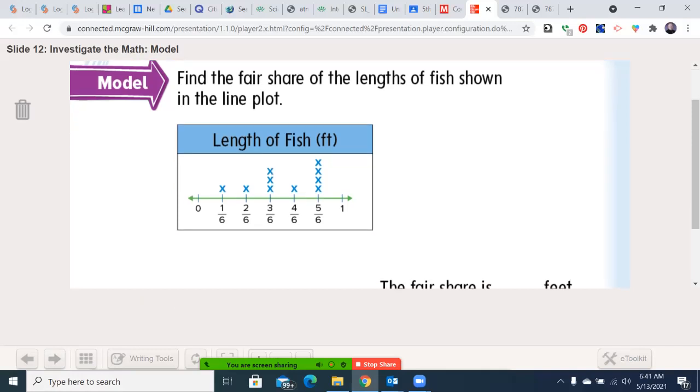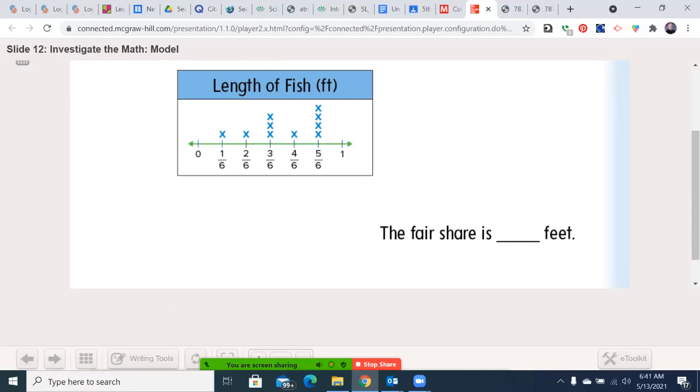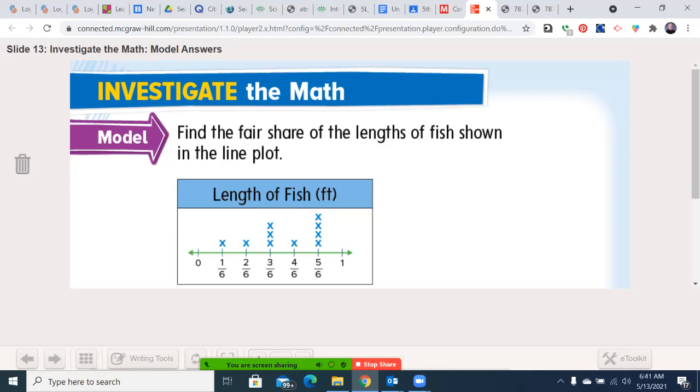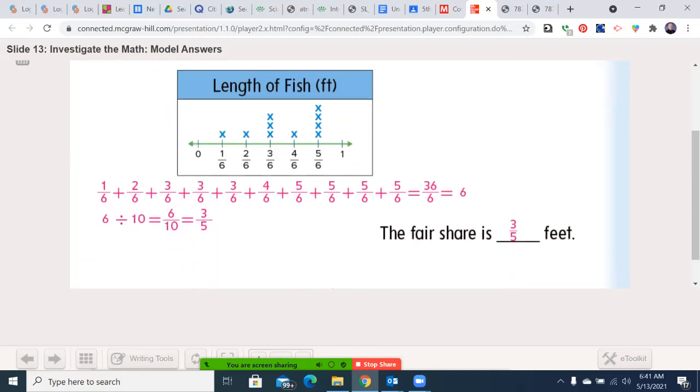Find the fair share of the lengths of fish shown. So we got 3, 6, right up here. You add them all together. 1 and 2 is 3, plus 9 is 12, 13, plus, I missed one here, 16.